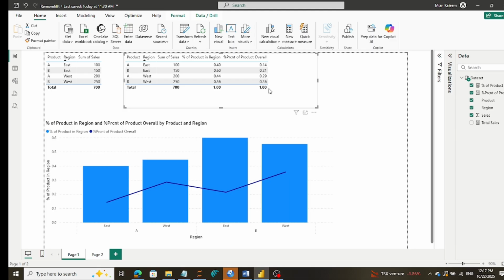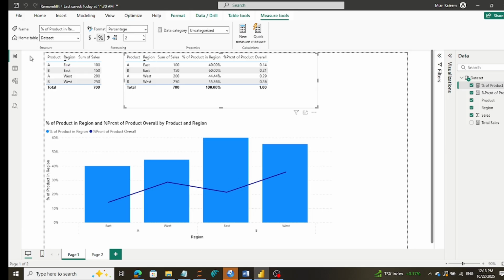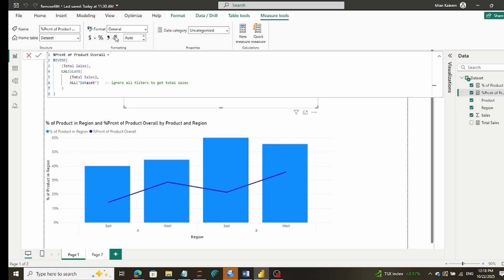We have these measures here, and let me show you the formatting, so we'll show the percentage.